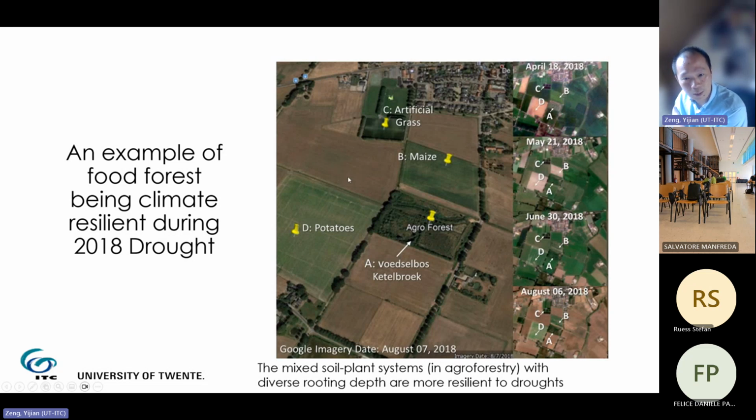One is very brown because of the drought impact, and the other, even though impacted by drought, still looks green. Intuitively, we know forest will be more drought resilient, but we want to quantify it with the data and the model simulation.